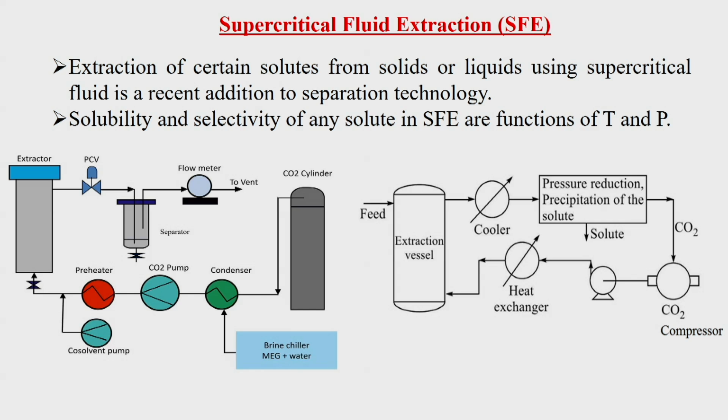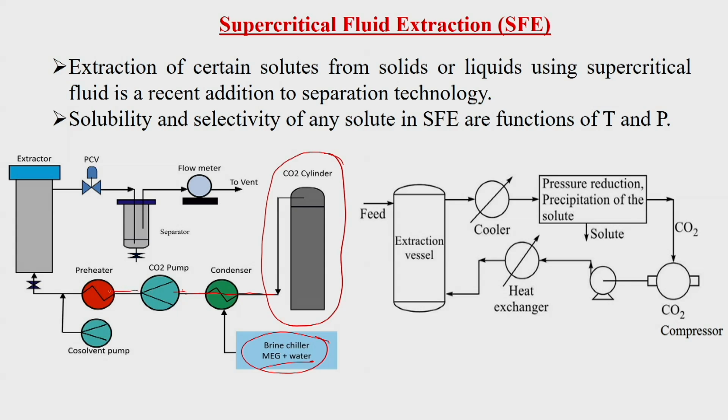If we talk about separation of a target component from a solid, we can start with a carbon dioxide cylinder. The carbon dioxide goes through a condenser, using a brine chiller with MEG and water, and is then passed through a CO2 pump to increase the pressure above the critical point.